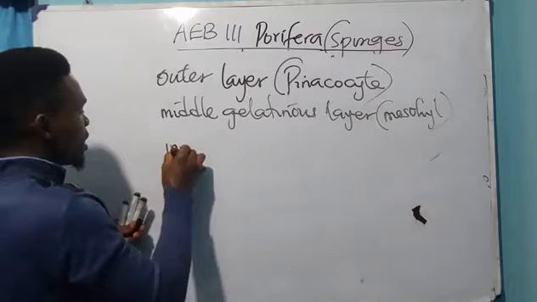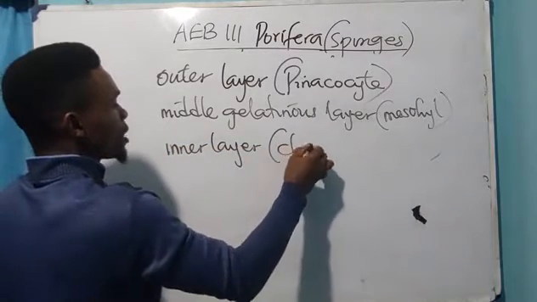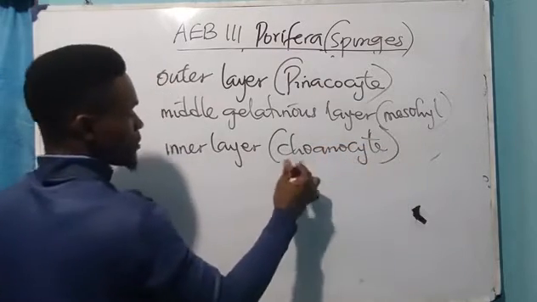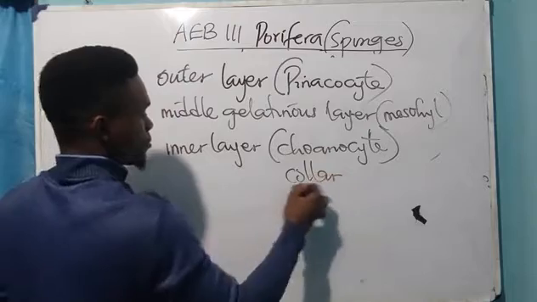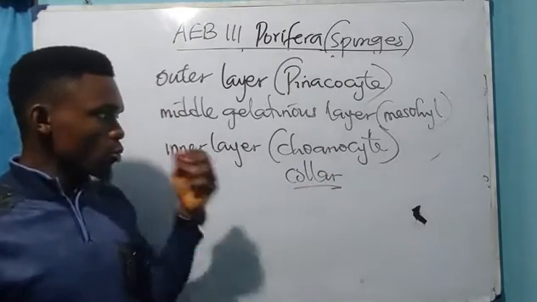We now have the inner layer. The inner layer is where you have the choanocytes. The choanocyte is surrounded by what is called a collar.